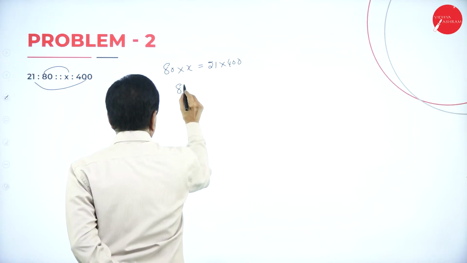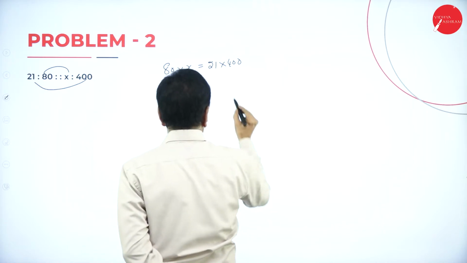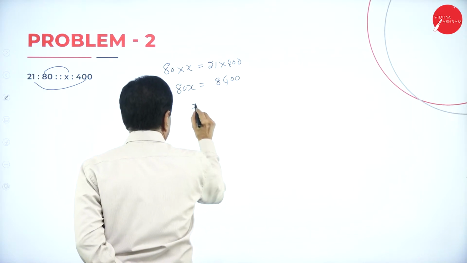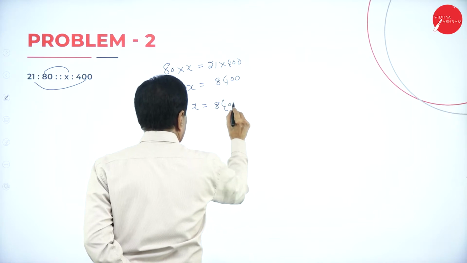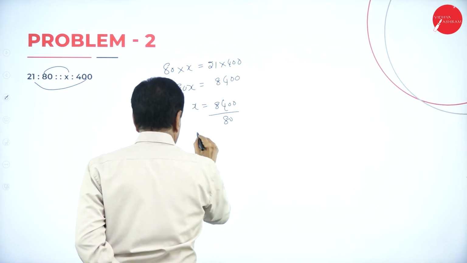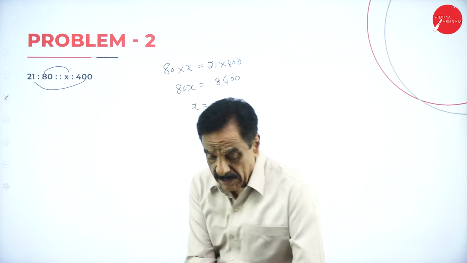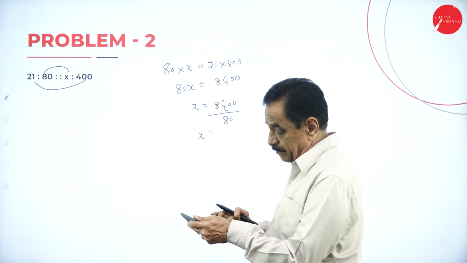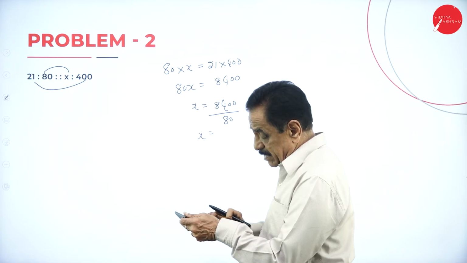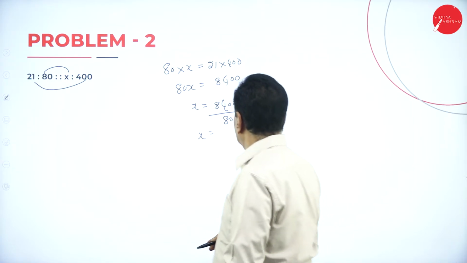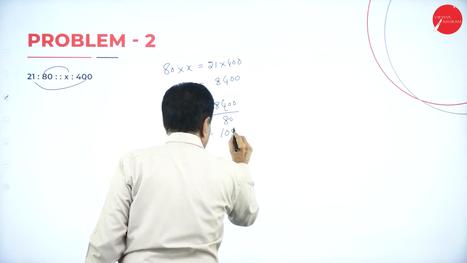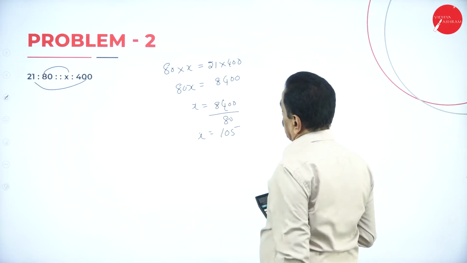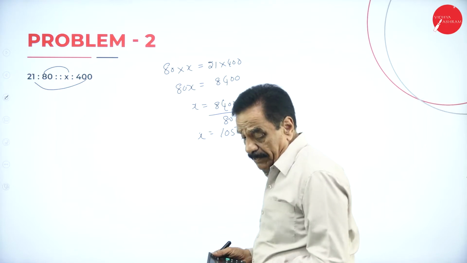This is 80x. 4 ones are 4, 4 twos are 8, followed by 00, so 8,400. x is equal to 8,400 divided by 80, which is 105. 80 ones are 80, 4 remaining 0, 5 eights are 40.